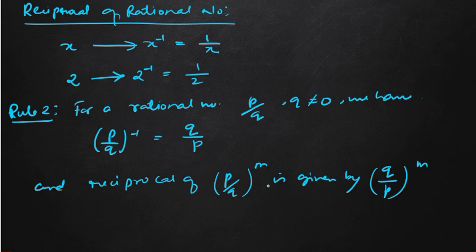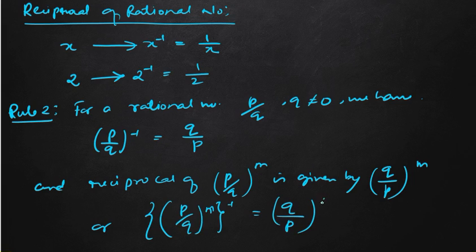Just take the reciprocal. Okay, or if you write in the mathematical form, the reciprocal of p by q power m, it will be denoted by p by q power m whole power minus 1, and the answer will be q by p whole power m. Okay, so let us do some questions, then you will get a clear idea.